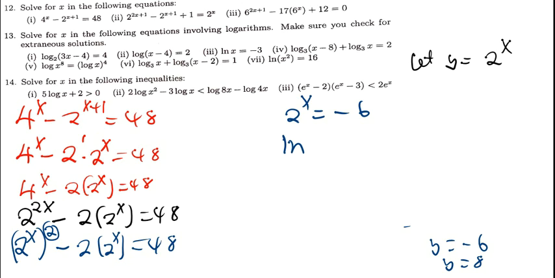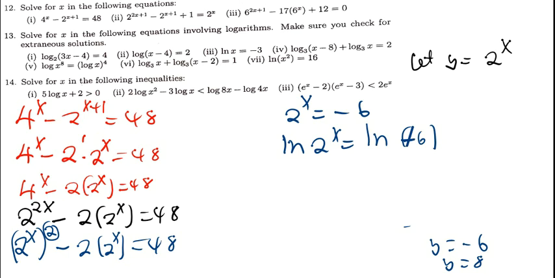So it will be ln of 2 to the power x is equal to ln of negative 6. But you can't have ln of a negative, so it's not possible. So this one is not part of the solution. I'll leave it.